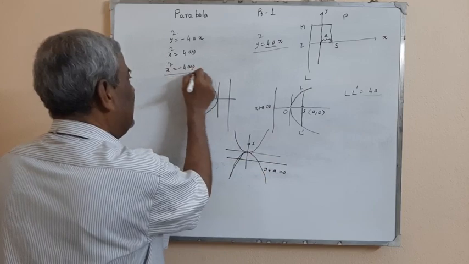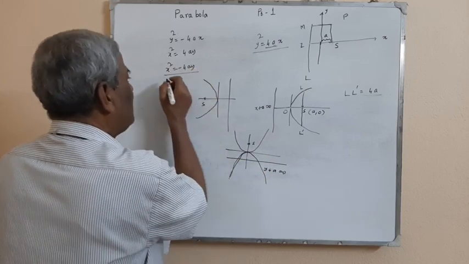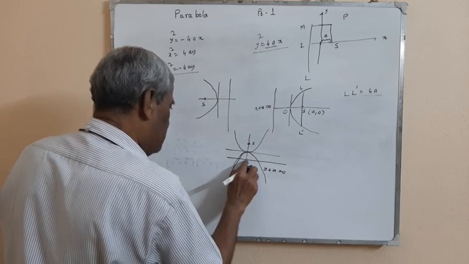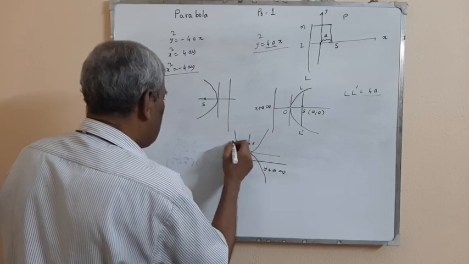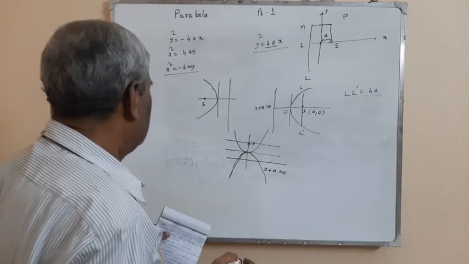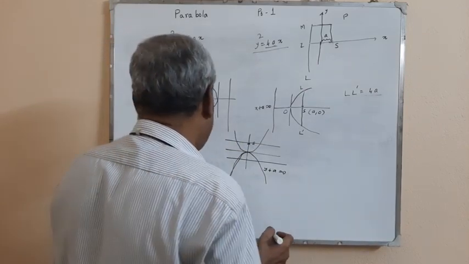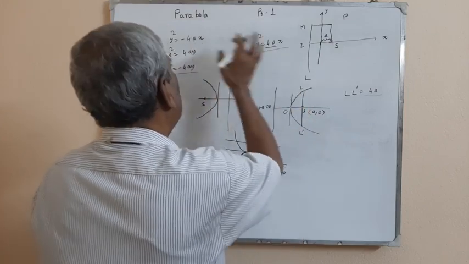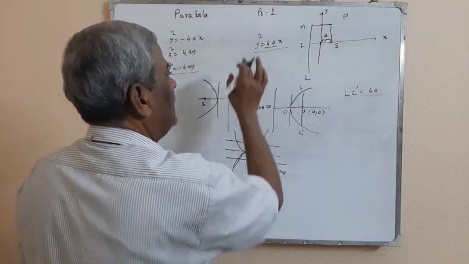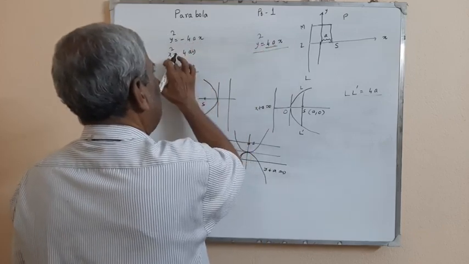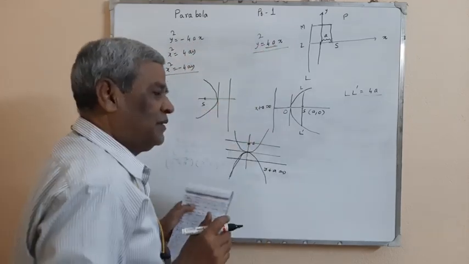So its focus is 0 comma minus a. The equation of directrix will be y is equal to a, and the length of latus rectum of all the 4 equations, y square is equal to 4ax, minus 4ax, and the others, all are 4a.